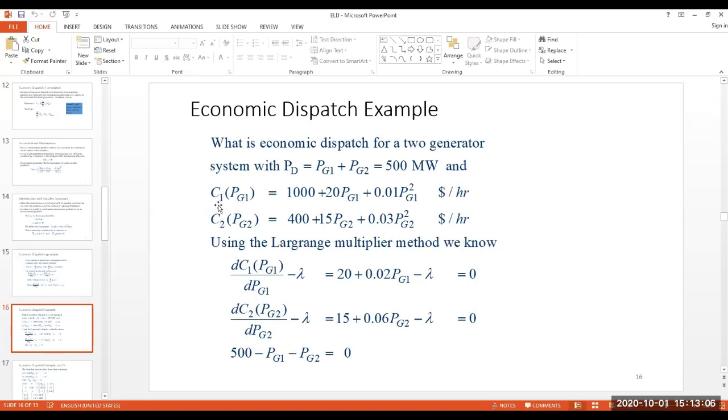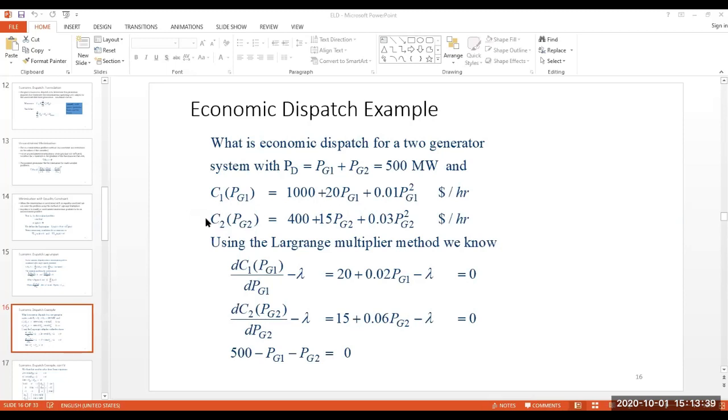So you can say C1 is purely a function of x1, considering this is my variable x1 and this is my variable x2. So if I take the partial derivative of C1 over PG1, what will be left is simply some function of x1. There is no x2. Clear?